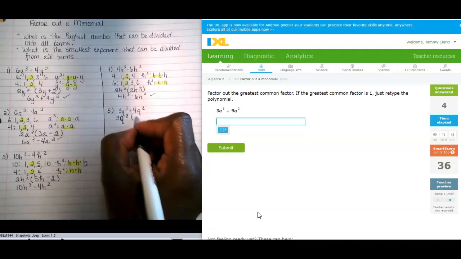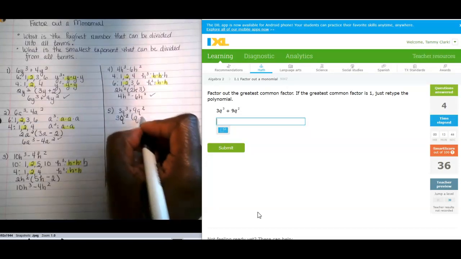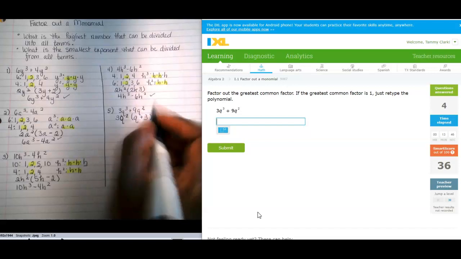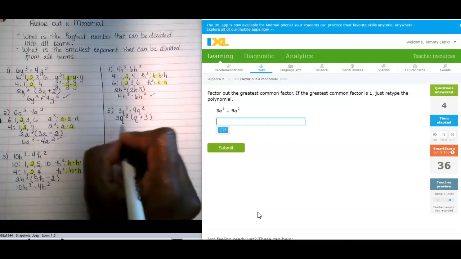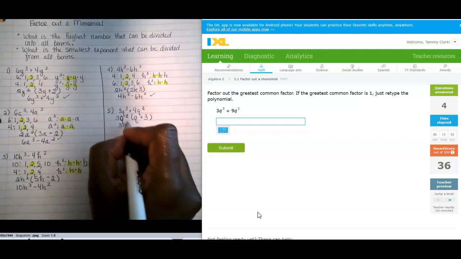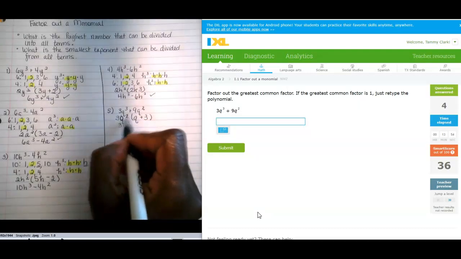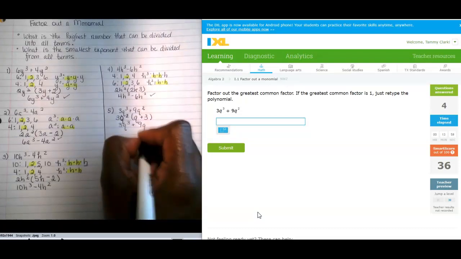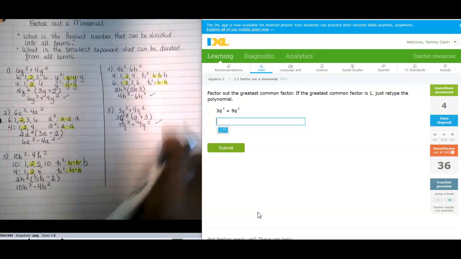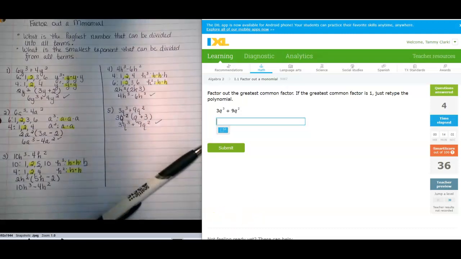That leaves me with q plus 3. And if we check it, 3q squared multiplied by q is 3q cubed. 3q squared multiplied by 3 is positive 9q squared. So again, that checks out.